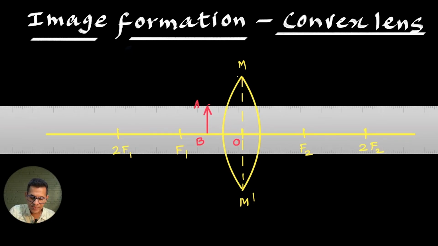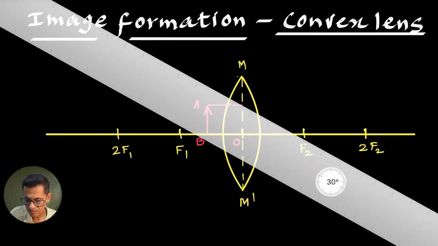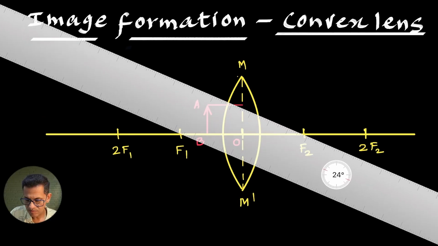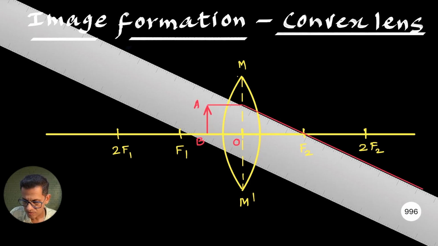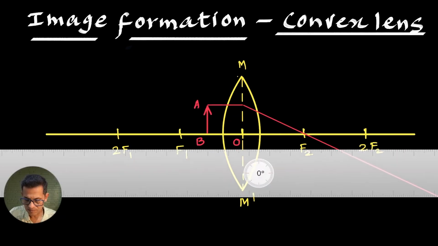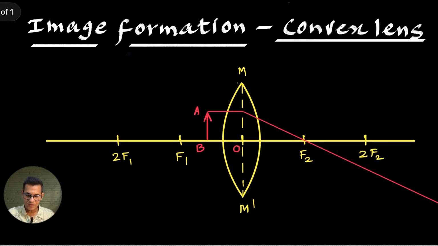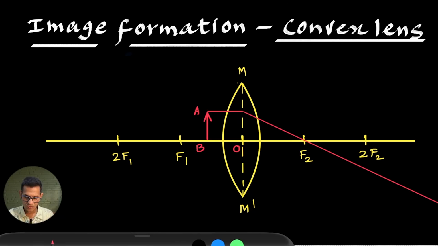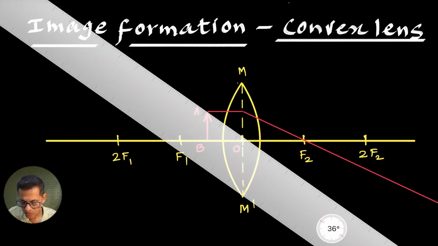The first rule says that if a light ray is traveling parallel to the principal axis, after refraction it will pass through the focus. That's one rule. Now, for the second rule, or we are really good to use the third rule. Let's see what happens when we draw the third rule.